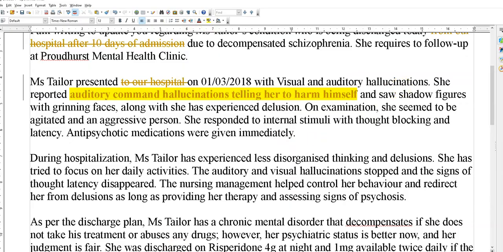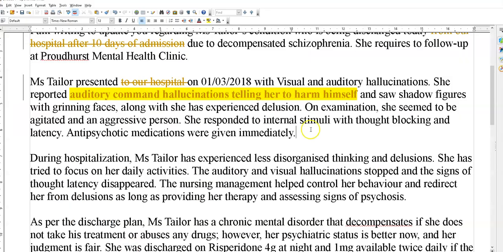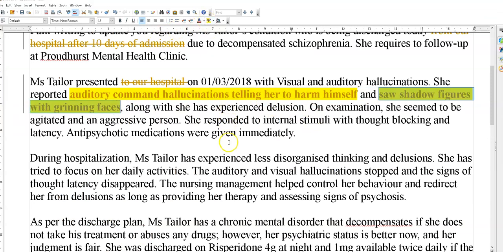Shadowy figures with grinning faces. Additional hallucinations. You are supposed to change this stuff and paraphrase it, along with delusions. She reported auditory command, shadow faces, delusions.